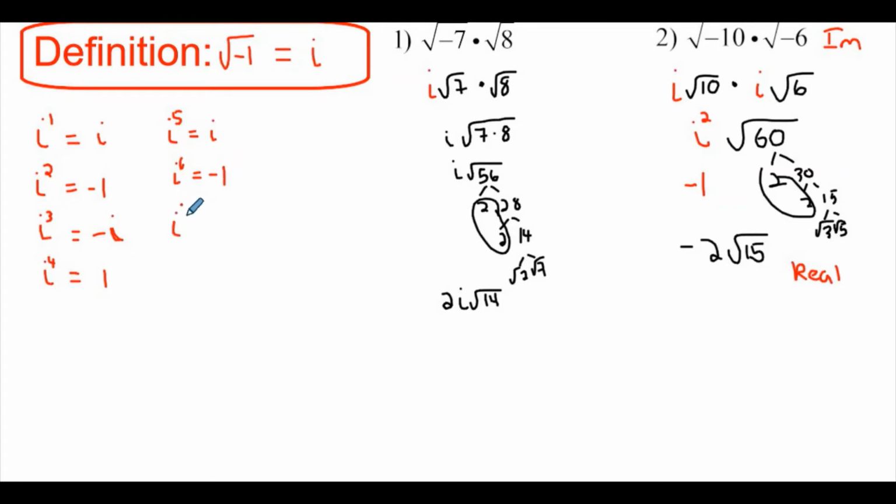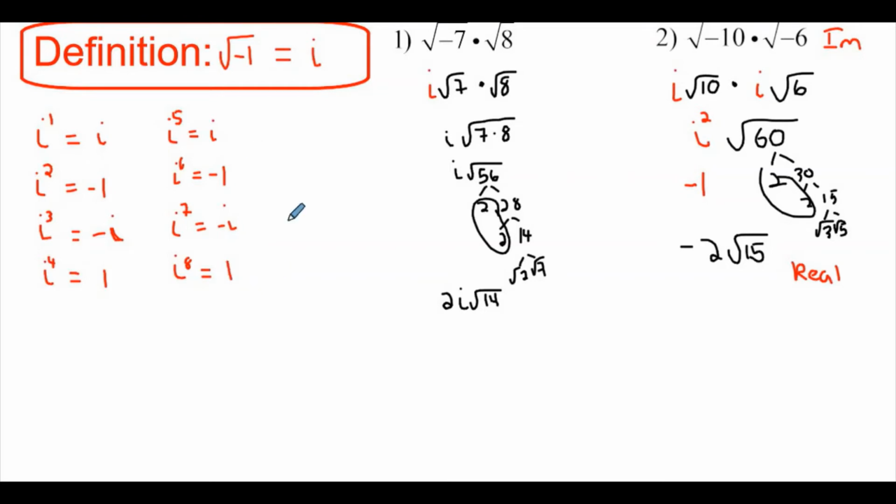And i to the seventh power, there are a lot of ways to do this, but let's start with the originals. It would be like multiplying i to the third and i to the fourth, so that would be again back to -i. And i to the eighth power is like multiplying i to the fourth power twice, which would just give you 1, because 1 times 1 is 1.